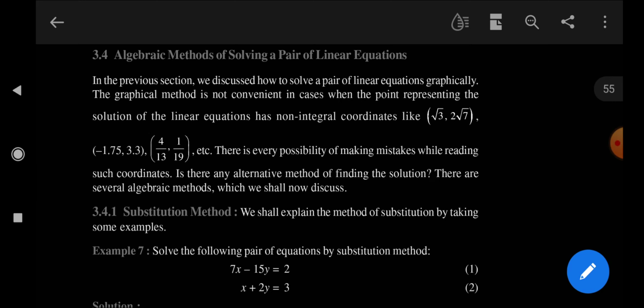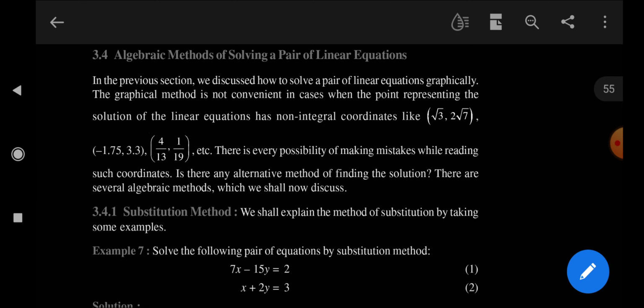The graphical method is not convenient in cases where the point representing the solution of the linear equations has non-integral coordinates like root 3, root 7, minus 1.75, 3.3, 4 upon 13, 1 upon 19, etc. There is every possibility of making mistakes while reading such coordinates. Is there any alternative method of finding the solution? There are several algebraic methods which we shall now discuss.